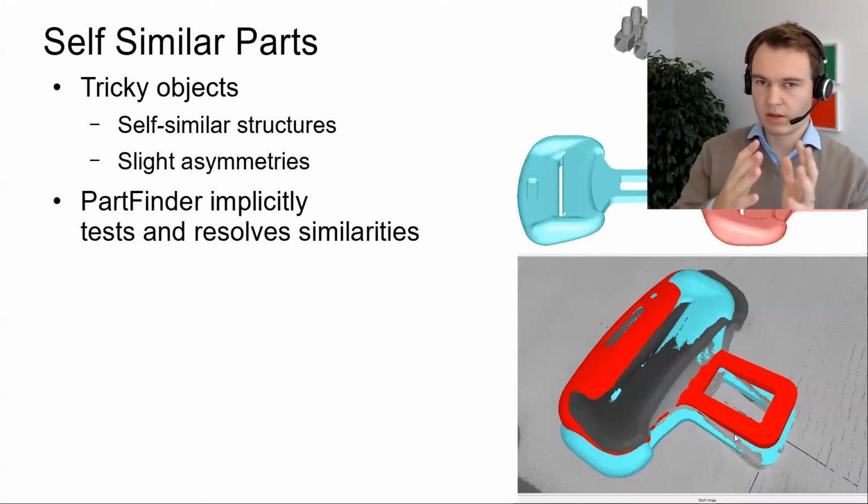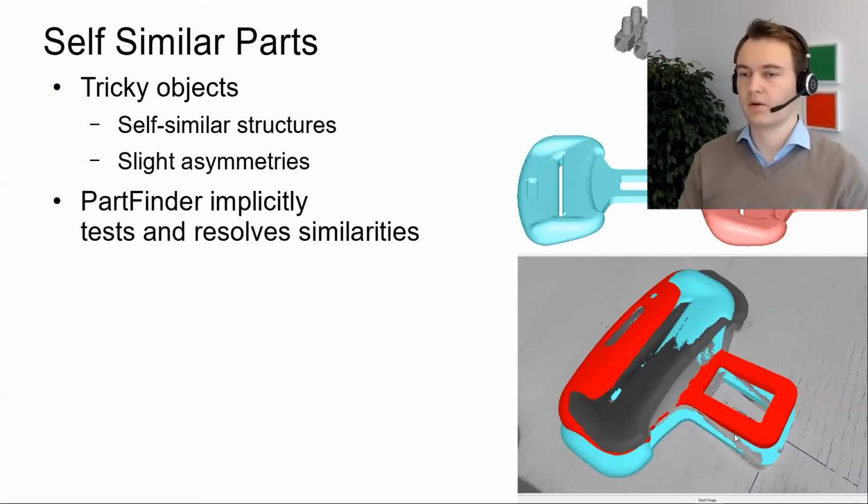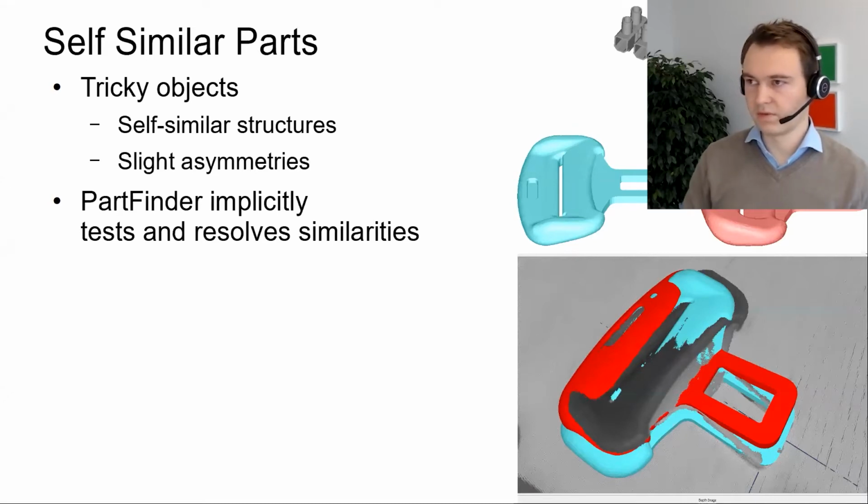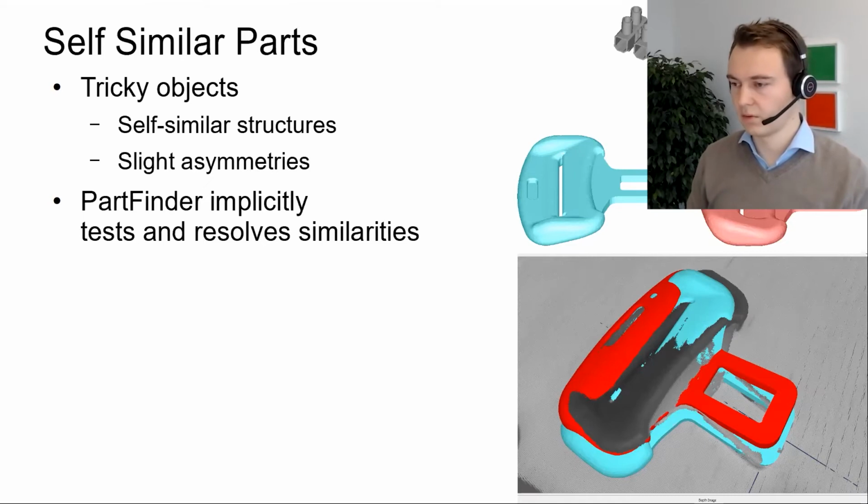And then the refinement process starts, and right in the end, it will decide which of the two potential part poses is the better one. And this actually makes PartFinder resolve most of these difficult things correctly. So this is true for the repetitive parts and also for the symmetric or almost symmetric parts.